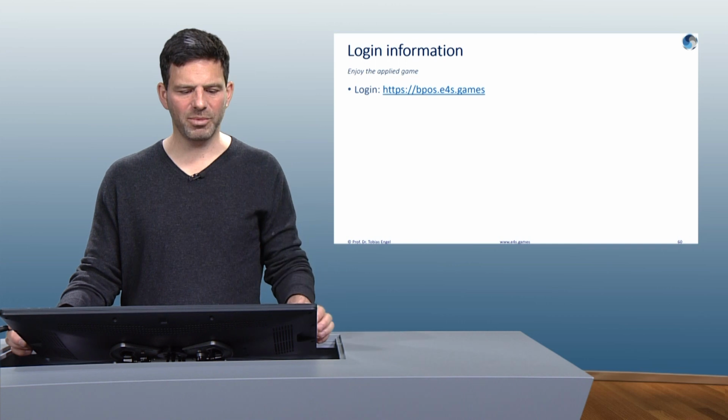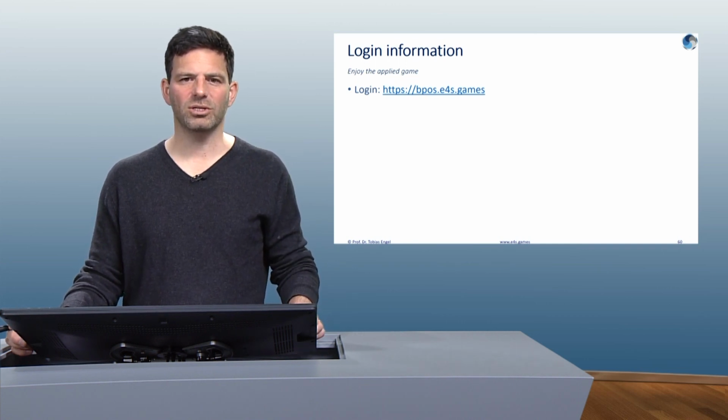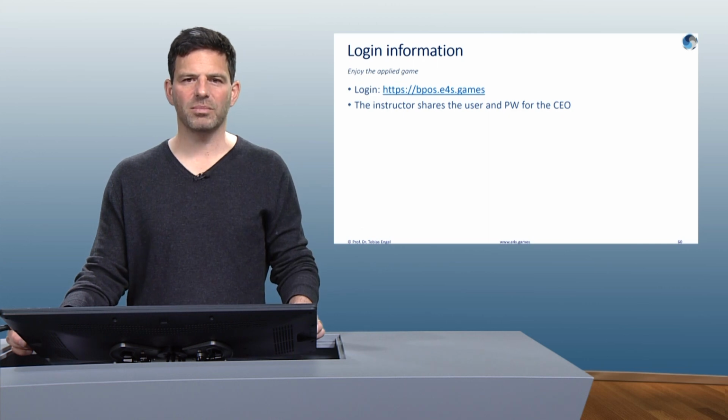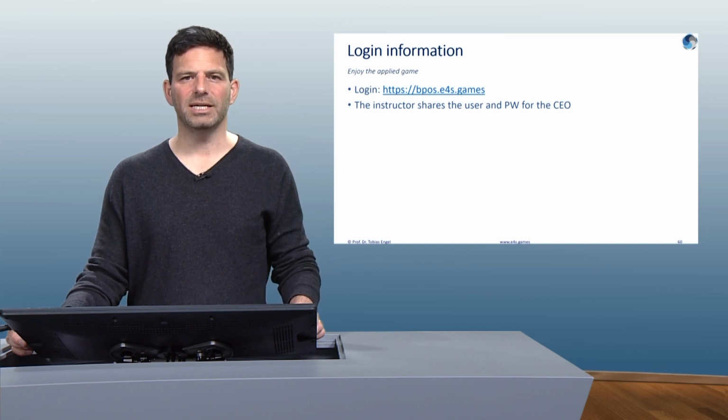So the login information: the URL is BPOS E4 s.games. The instructor is going to share the password for the CEO, and then the CEO is responsible for the team, to create the different roles from source, make, and deliver.